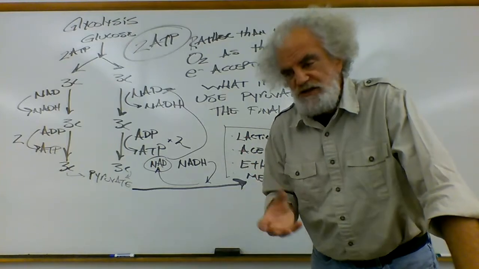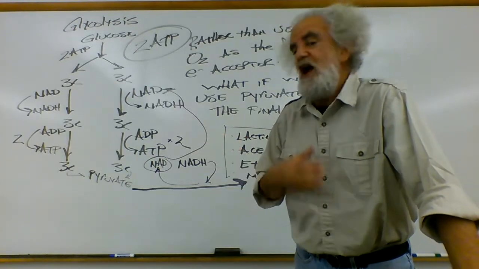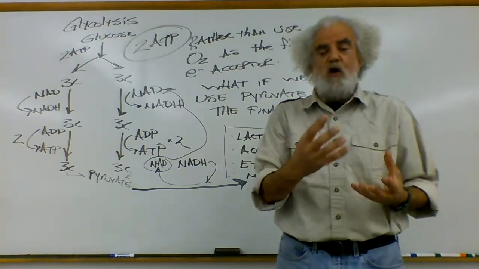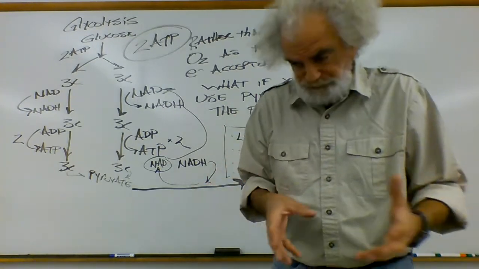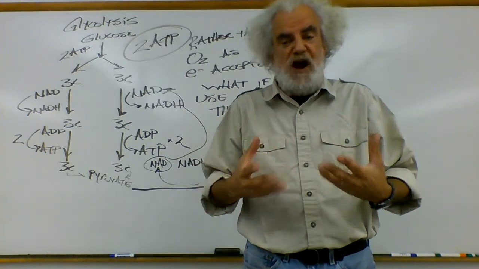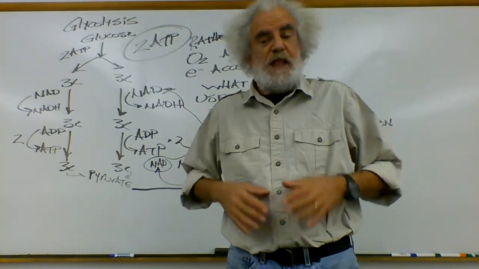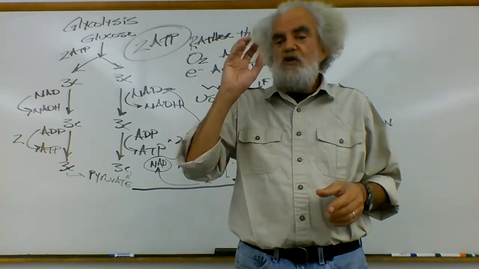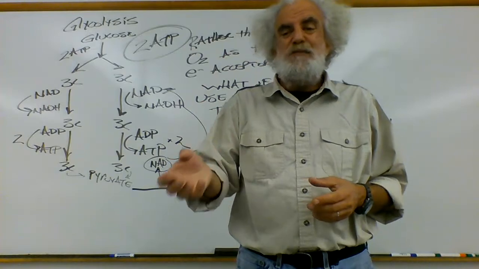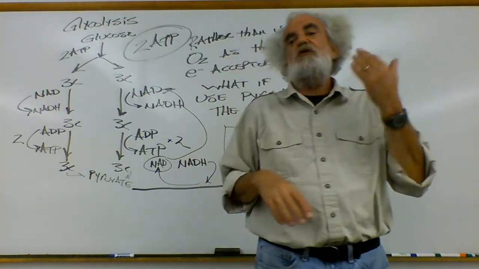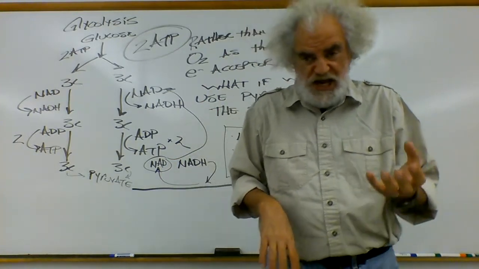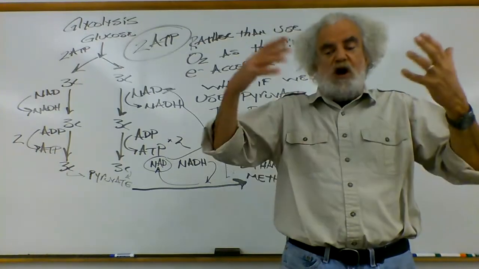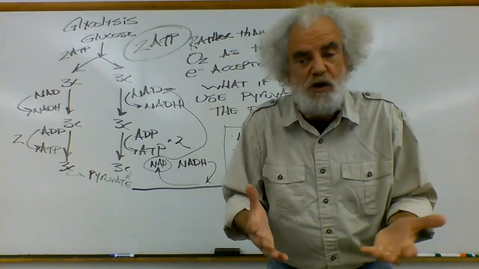Now, for microorganisms, they actually can get by with this. It's not great, and it's going to slow their growth up dramatically. So if you can grow something like E. coli in an anaerobic environment, probably in your gut, that's how it's growing, and it'll generate these various acids and things, you're generating 2 ATP per glucose as opposed to 36 ATP per glucose. So you either have to eat a lot more glucose or you are going to be growing a lot slower.